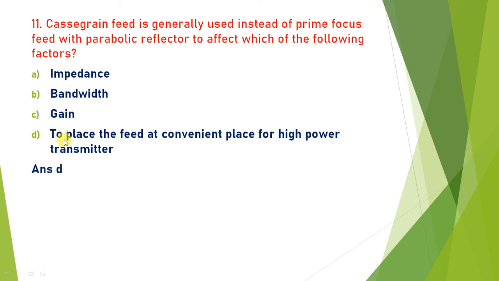It is used for high power transmitter, high power application. So a Cassegrain feed is used in conjunction with the parabolic reflector antenna to place the feed at a convenient point for high power application.